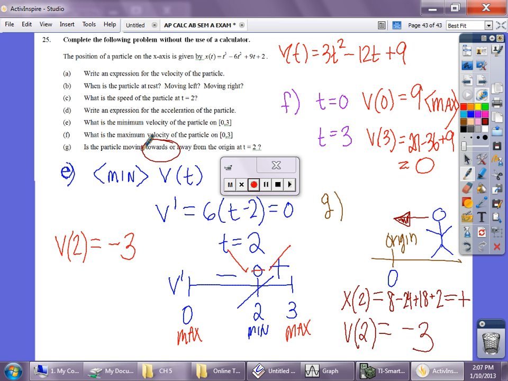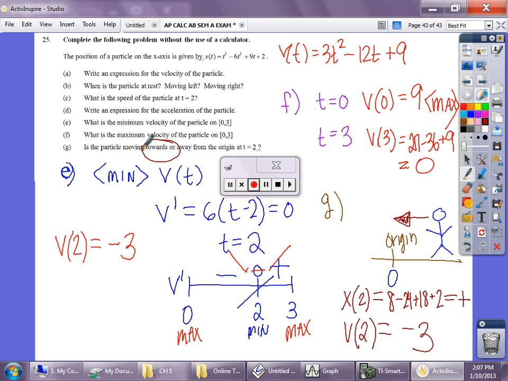Okay, so things that aren't on here that I would remember: speed, to find a maximum, not a maximum, to find if you're speeding up or slowing down. You need to know your velocity and your acceleration. If both of them are the same sign, you would be speeding up. If they're opposite signs, you'd be slowing down. A new question, letter G, that you haven't necessarily answered before is if you're moving towards the origin or away from the origin.